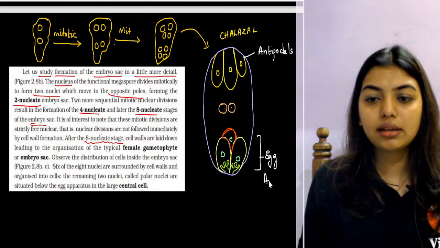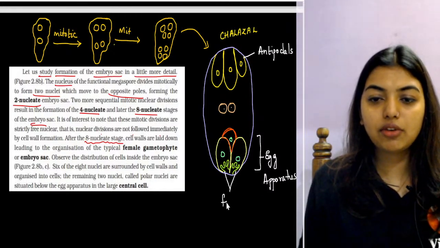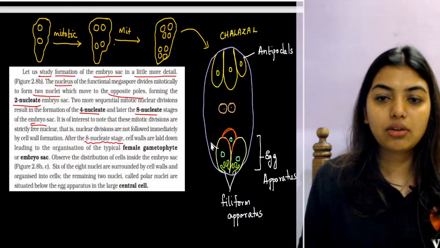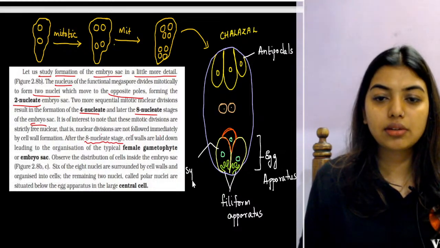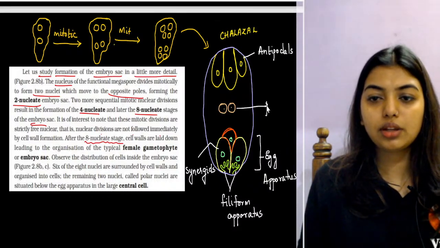These two cells are the filiform apparatus. These cells are called the synergids. These cells are called the polar nuclei.